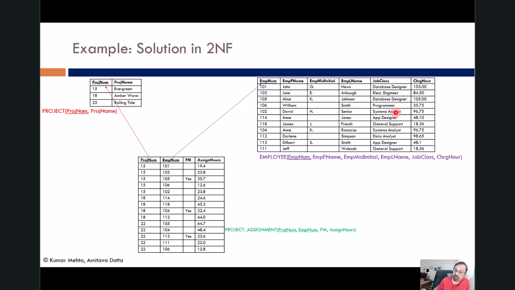Let's say, for example, for database designer the hourly charge is 105. So any row in which database designer appears, the hourly charge is 105. Look at this first record, this third record. There doesn't appear to be another database designer.